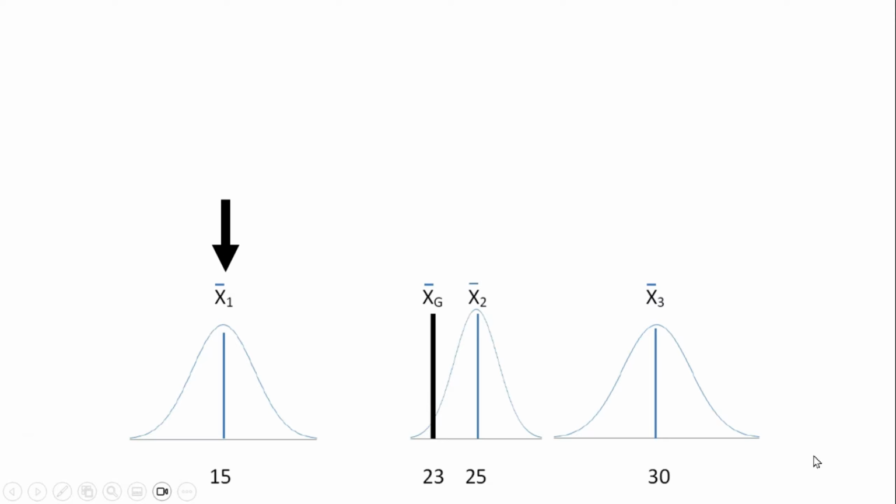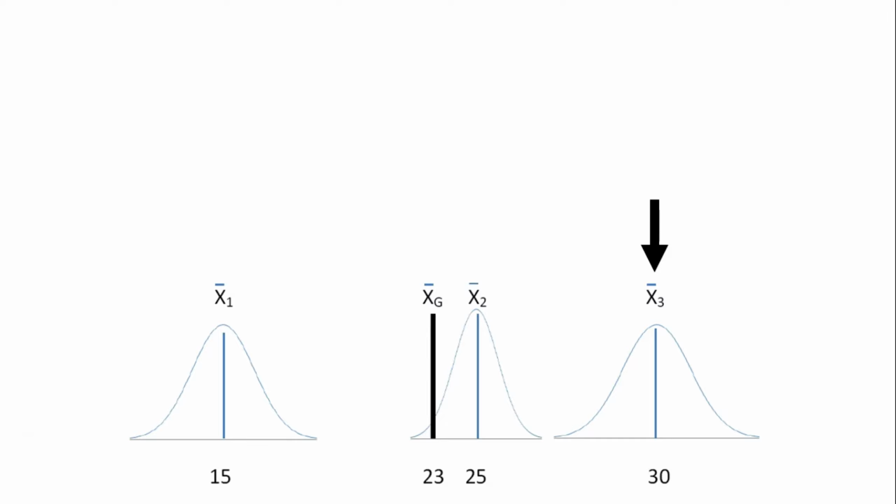So there's the mean of group 1, the mean for group 2 at 25, and the mean of group 3 at 30. In order to talk about the ANOVA procedure and how the F statistic is calculated, we need an anchor point to look at the variability of the individual group means.